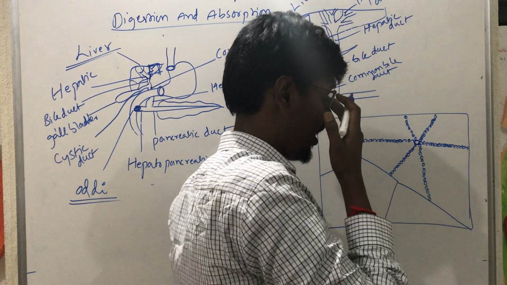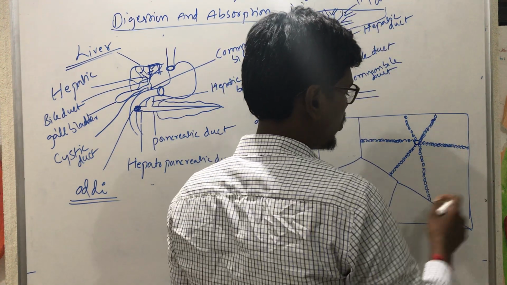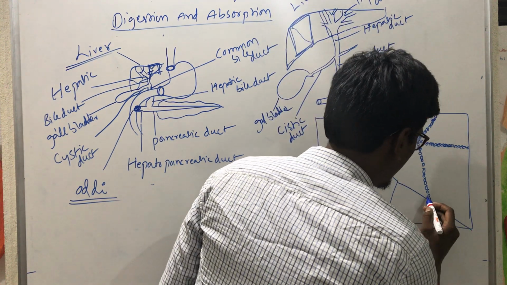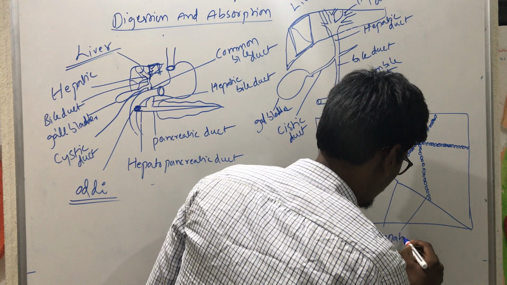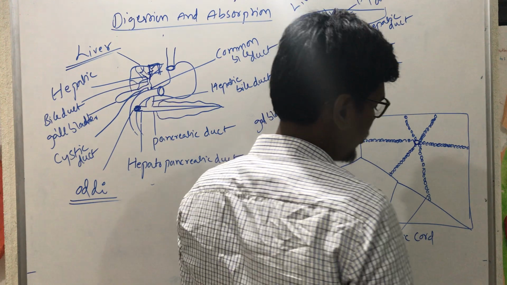This whole ring is called the hepatic cord.